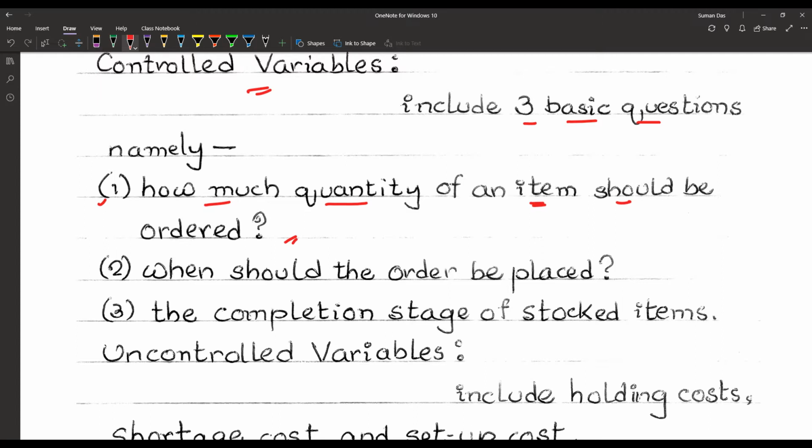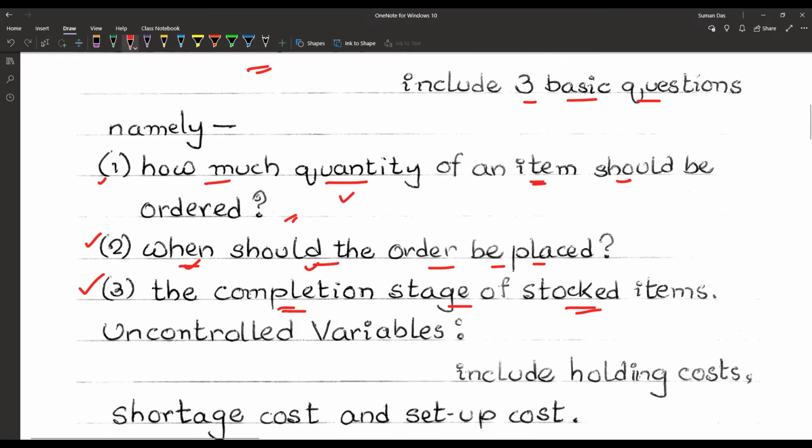The second question that arises is: when should the order be placed? That means, first, the total quantity, and second, when the order should be placed. And the third one, the completion stage of the stocked item, that means whenever the stocked item is completed.